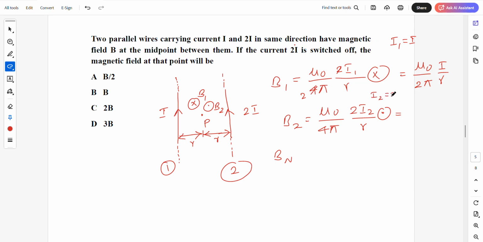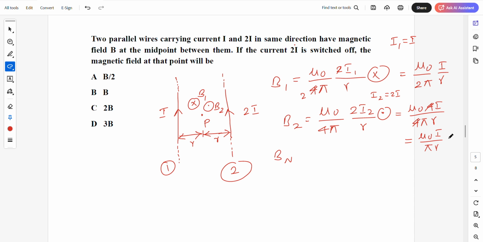I2 is equal to 2I. Therefore B2 is mu naught into 2 into 2I, that is 4I, divided by 4 pi r. The 4 gets cancelled, so B2 is mu naught I divided by pi r.